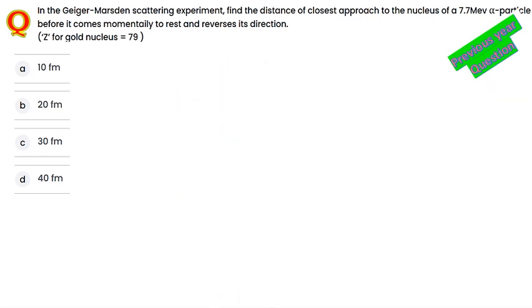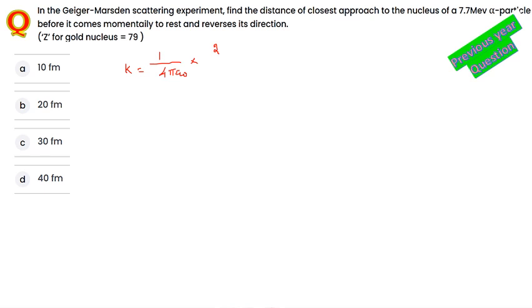Now, the first thing we are going to find out is the kinetic energy. The kinetic energy formula you already know. This is similar to Coulomb's law also. Here, K is equal to 1 divided by 4 pi epsilon naught, with two charges q1 q2, divided by r square.